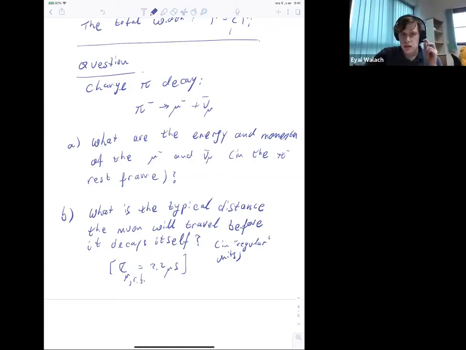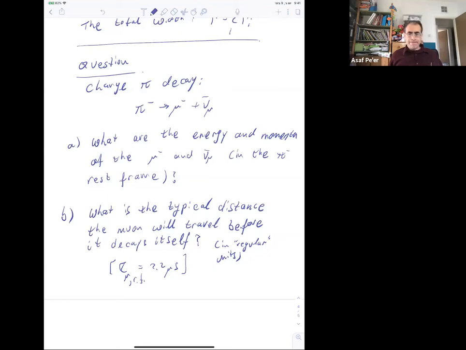The distance in the pi's frame of reference? Yeah. It's a very relevant question. You're producing pions in the lab. It's actually quite easy to produce them. Many cosmic rays produce them. They're the leading mesons being produced. And now they decay. They're not stable.